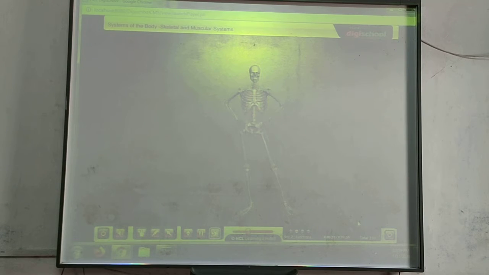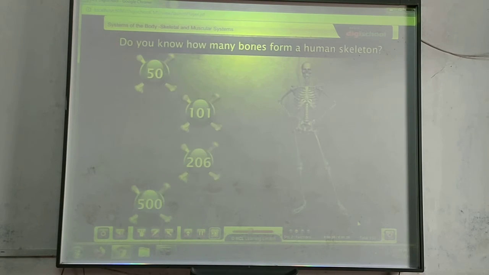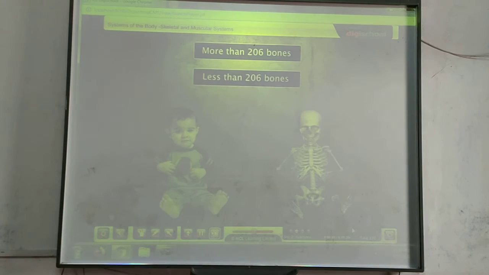Do you know how many bones form a human adult skeleton? As many as 206 bones make up an adult skeleton. Now, can you guess how many bones are there in an infant?